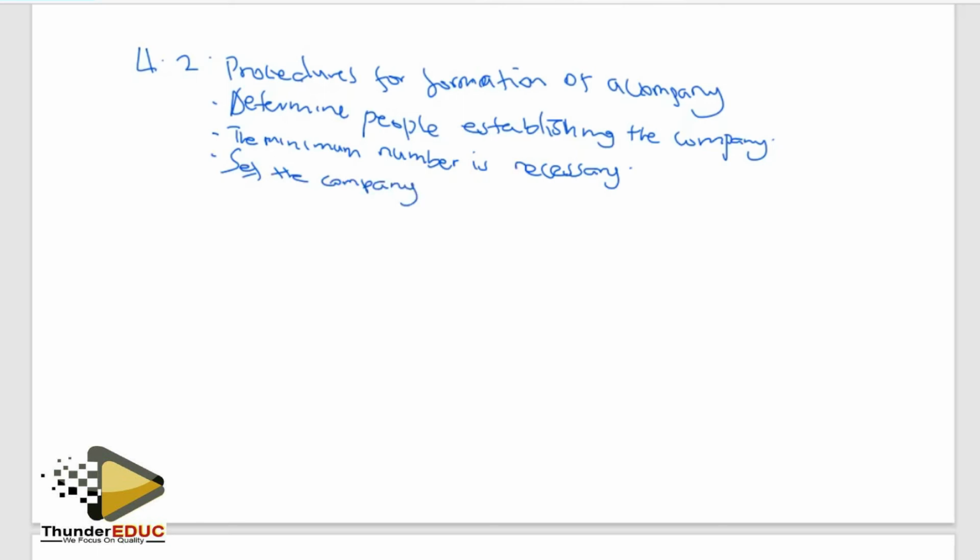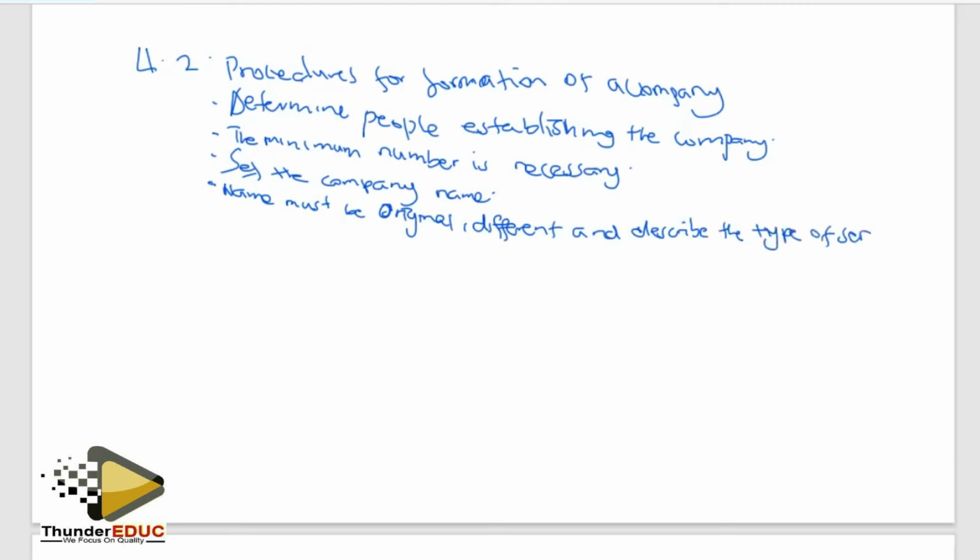You must give a company its name, which must be original. The name must be original, different, and describe the type of service rendered by your company.